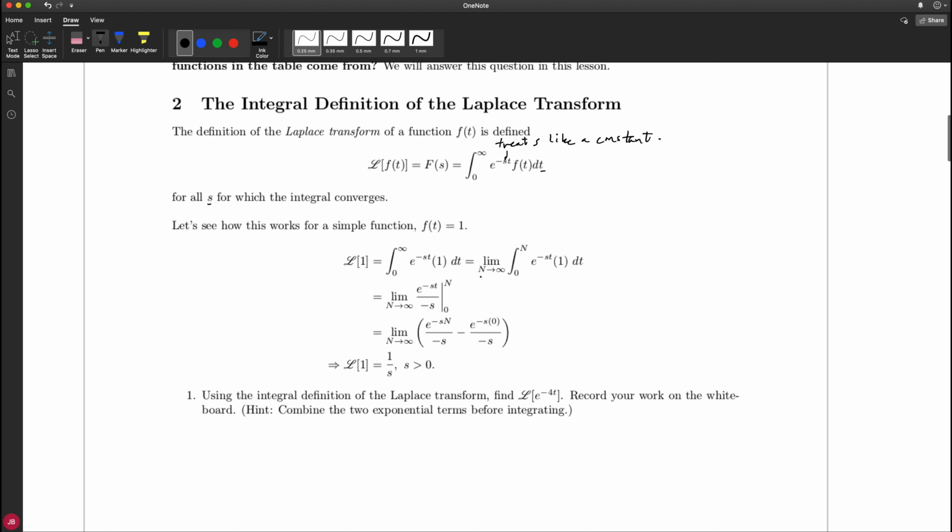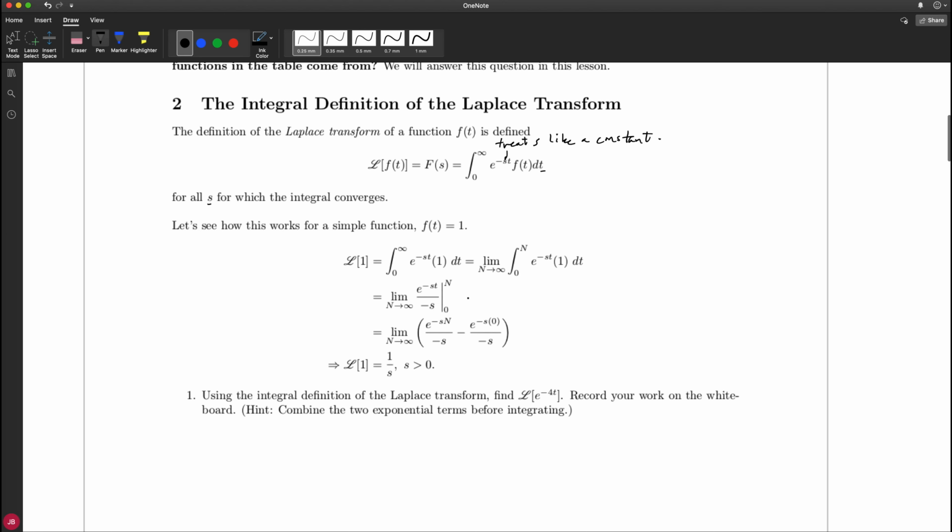So we get the limit, capital N goes to infinity, integral from 0 to N, e to the minus st times 1. And now the antiderivative, this is e to the kt class. So the antiderivative is 1 over k e to the kt. So you notice here the k value is negative s. So e to the kt divided by k. And now this vertical bar is the same as the notation that I use for square brackets with the numbers.